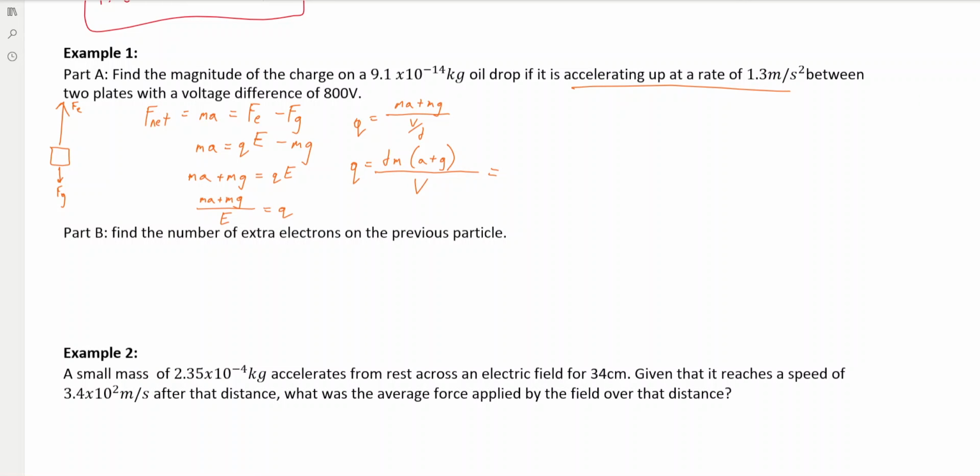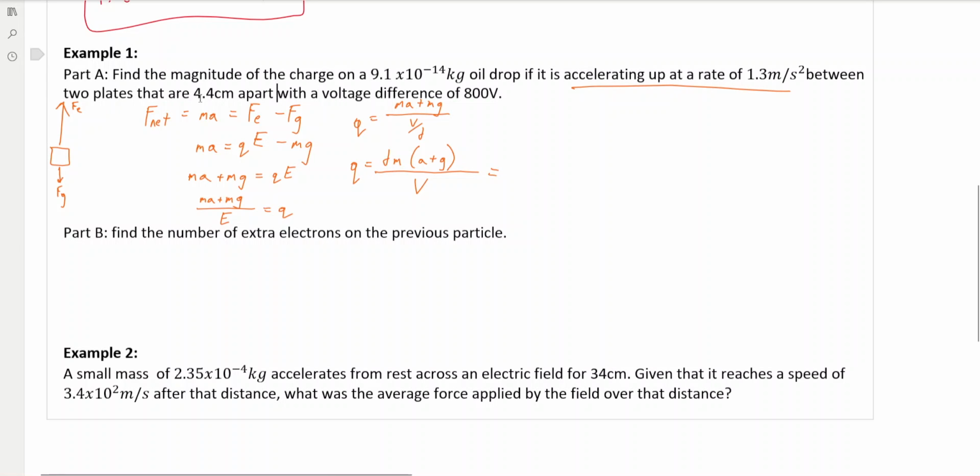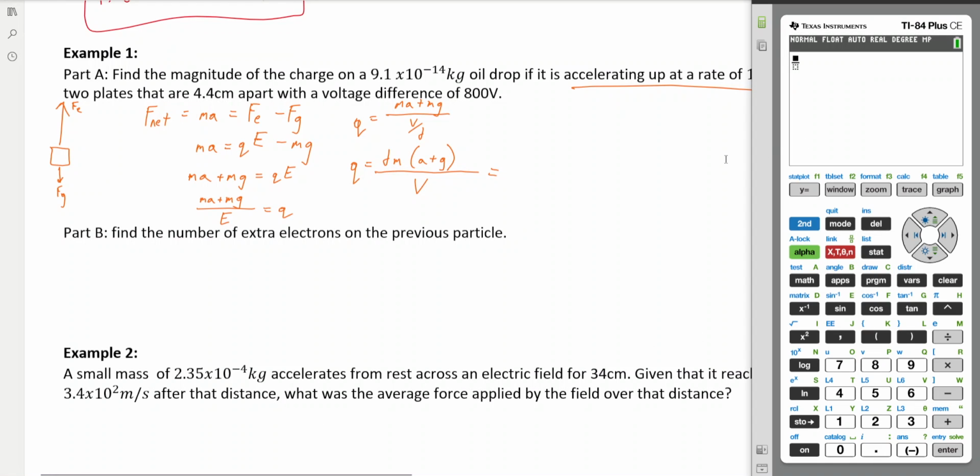I forgot to add the distance. Okay, so we needed that last little piece of information, but otherwise the rest of it should be correct. So 4.4 centimeters, 0.044 times the mass, which is 9.1 times 10 to the exponent negative 14, sorry.